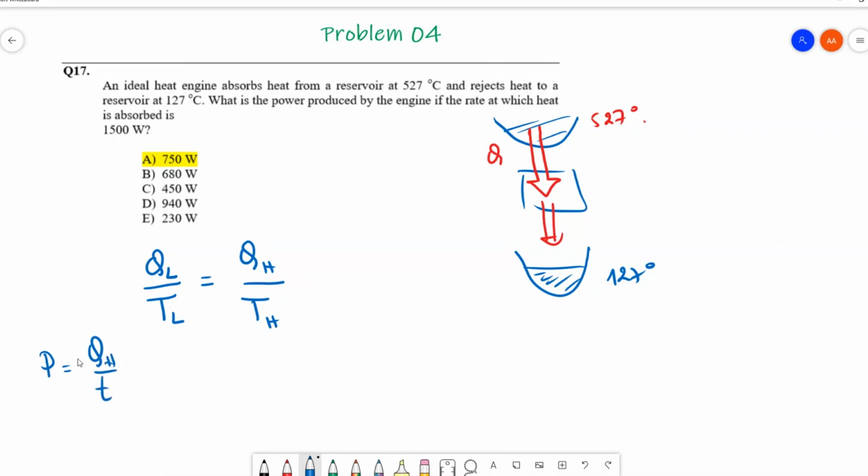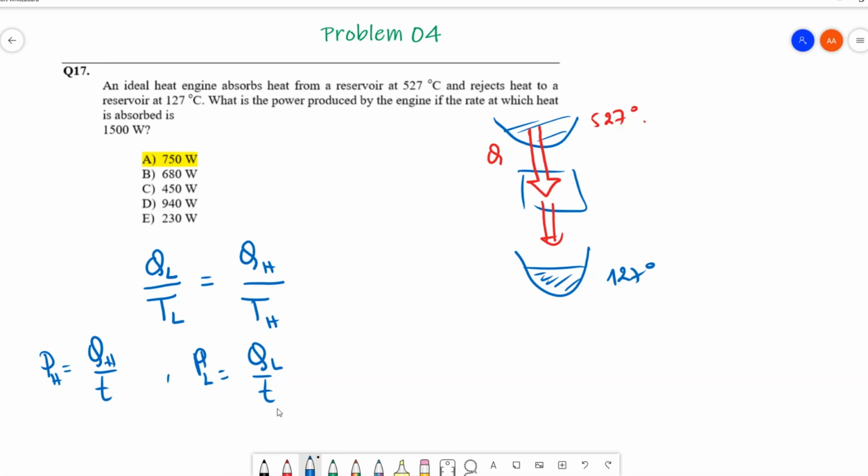It gives you the rate at which heat is absorbed. So I can also write PL as QL over T, where T is the total time needed to absorb or reject this heat.